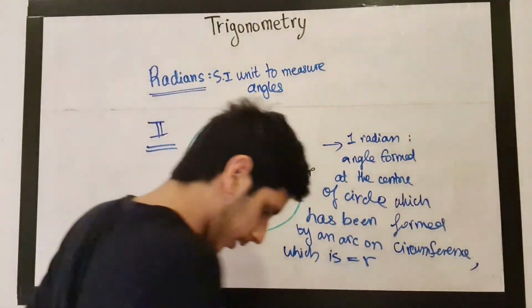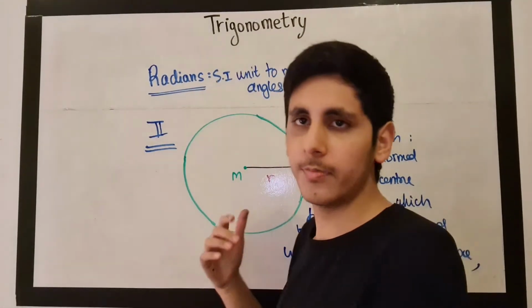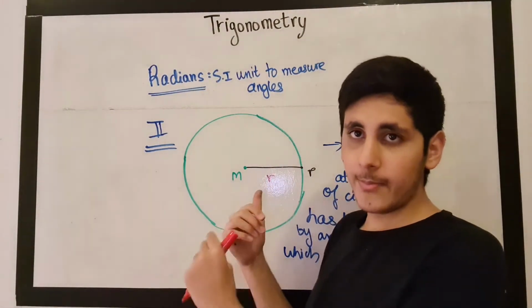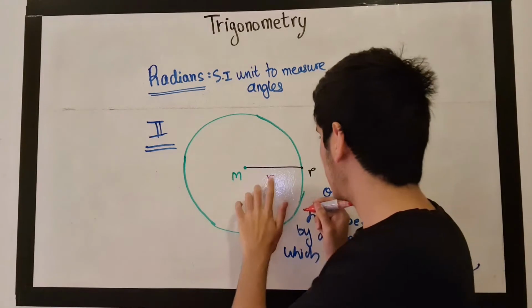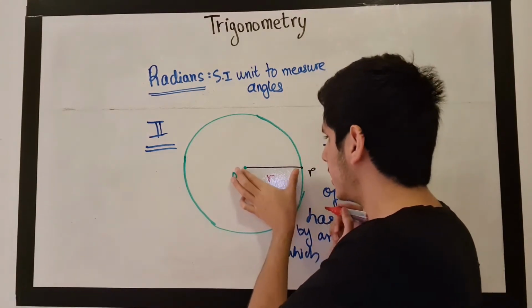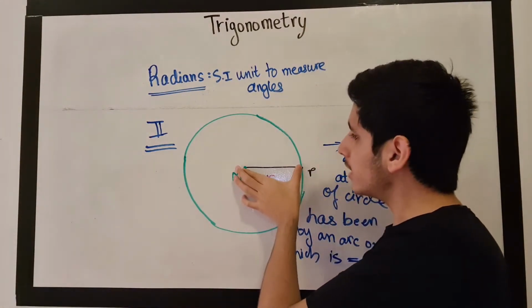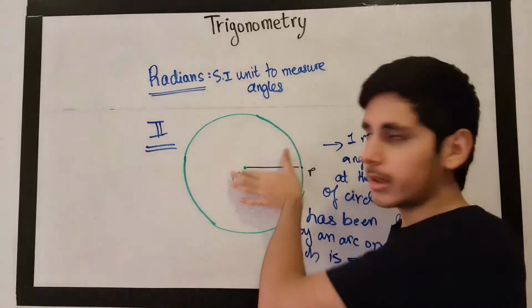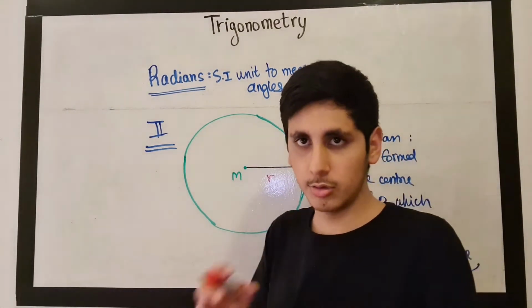So now if I move on this side, these points M and P are at a length of R. If I now try to start forming an angle, we know an angle has 2 arms.